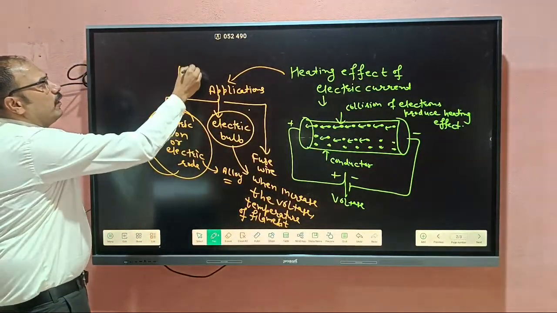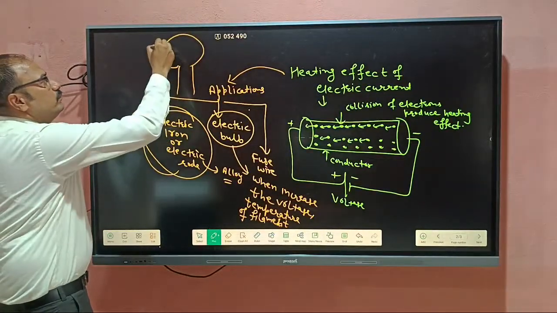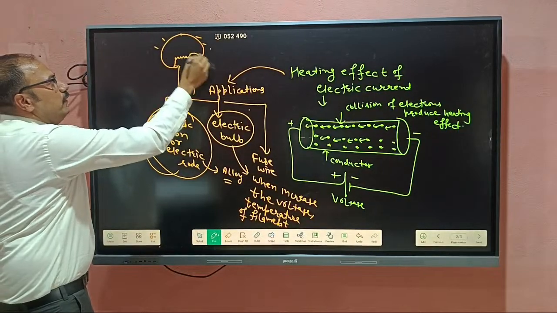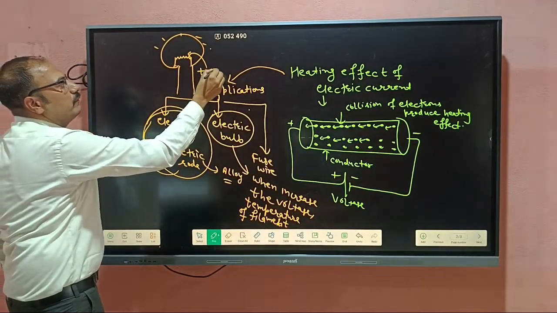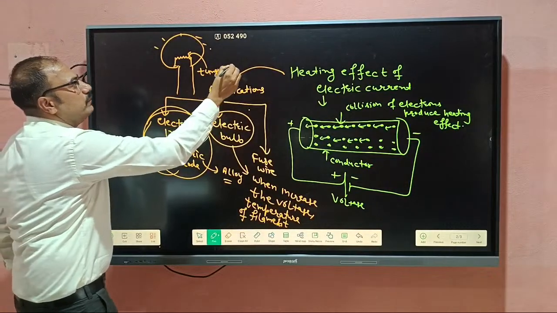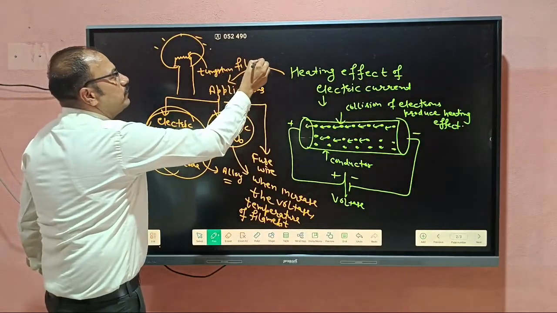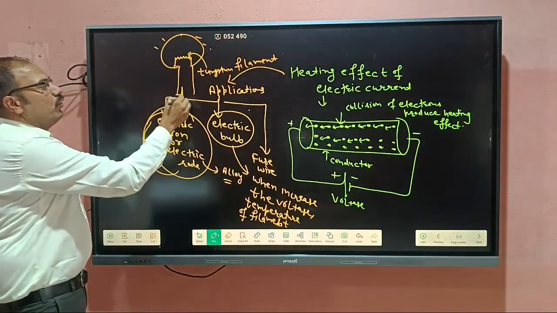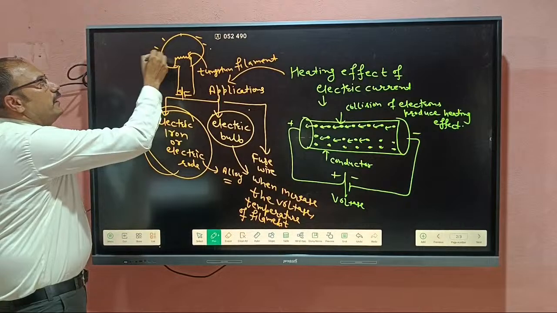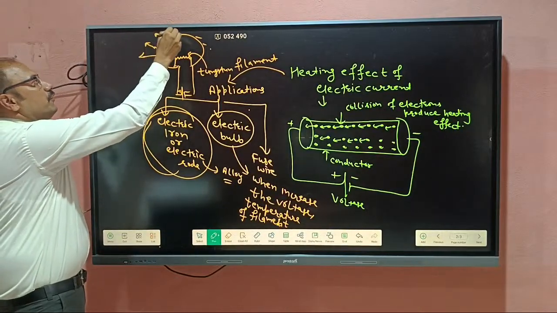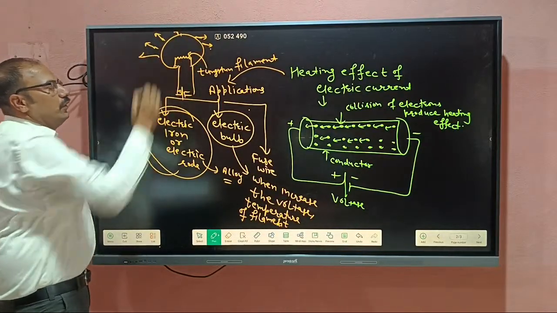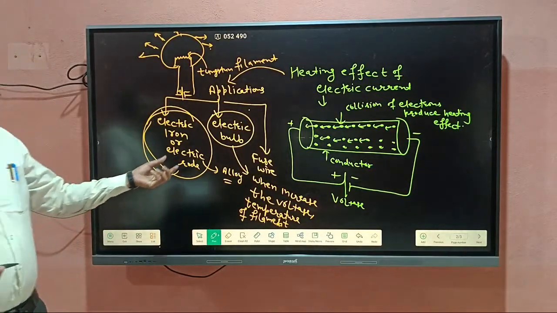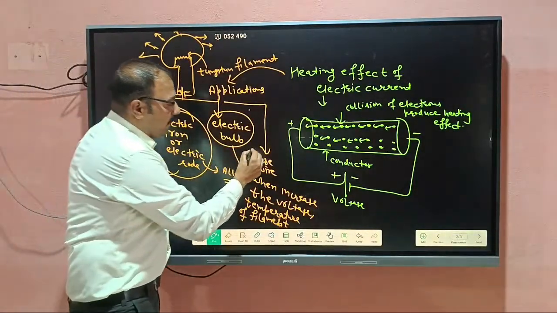Like this is an electric bulb, and it contains a tungsten filament. So what happens when we apply voltage here? It radiates light energy in different directions. So these are the important applications of the heating effect, and another most important one is the fuse wire.